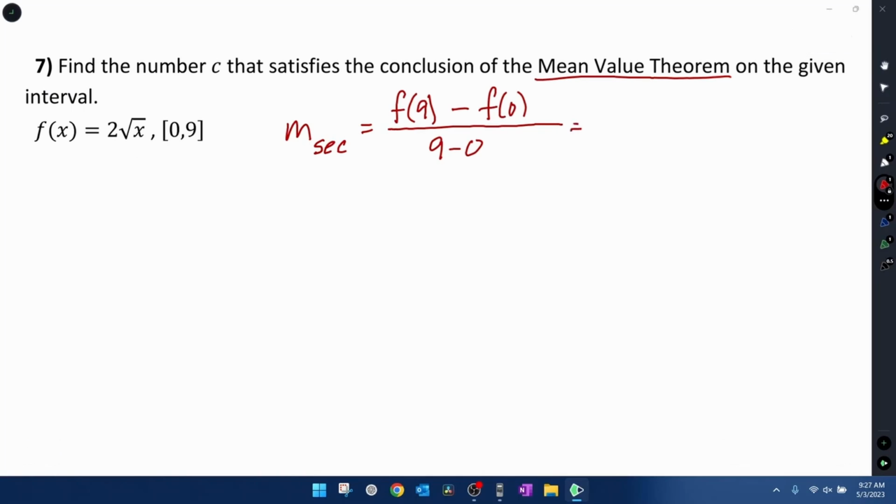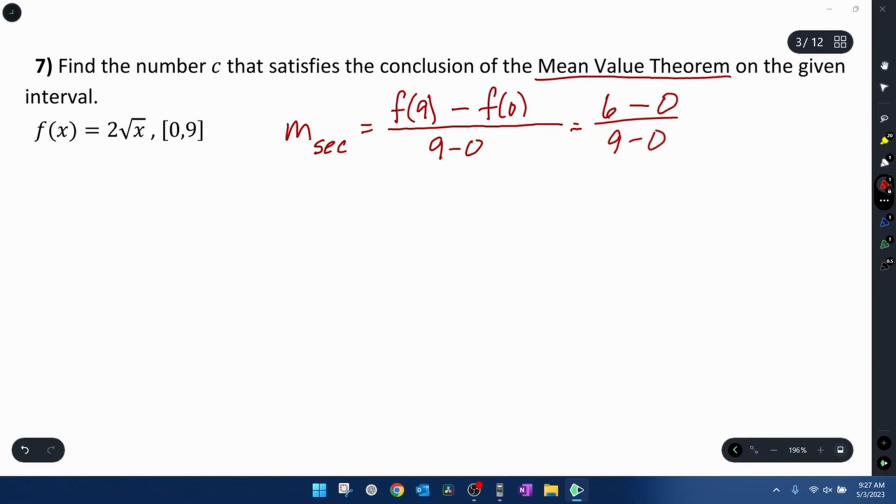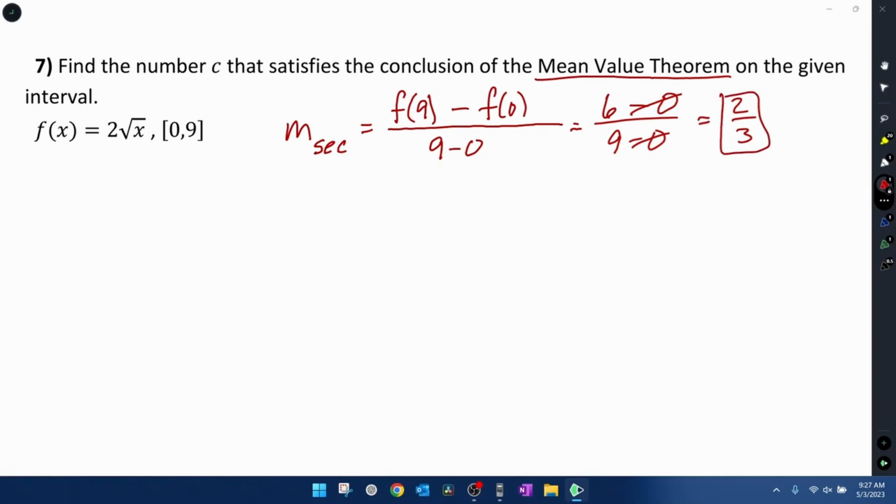So f of 9, plugging a 9 in, is going to give me 3 times 2, which is 6. F of 0, again, that's going to be square root of 0, which is 0. 0 times 2 is 0. All over 9 minus 0 reduces to 6 over 9, which is 2/3. So this is our target slope. This is what we want the slope of the tangent to be to satisfy the mean value theorem.